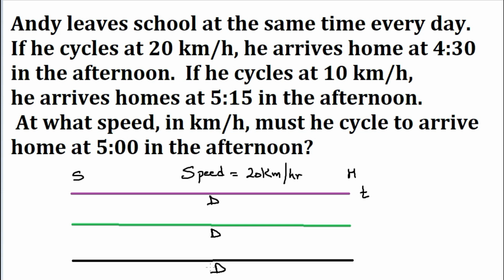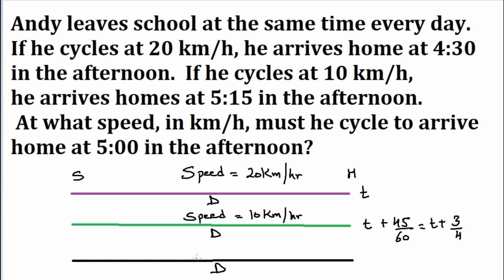In the second scenario, the speed is 10 kilometers per hour, and the time is a little bit more, like 4:30 to 5:15, so 45 minutes is added. 45 minutes I should write as 45 by 60, which simplifies to 3 by 4, so t plus 3 by 4.